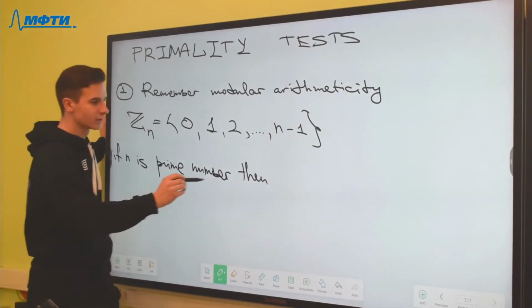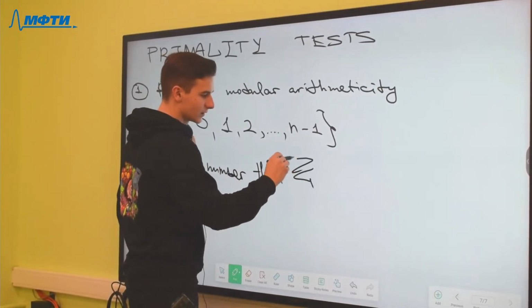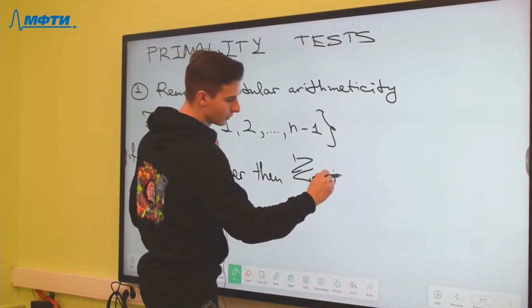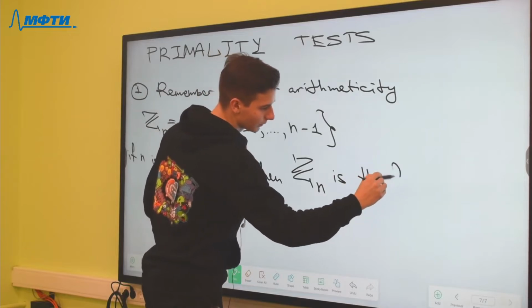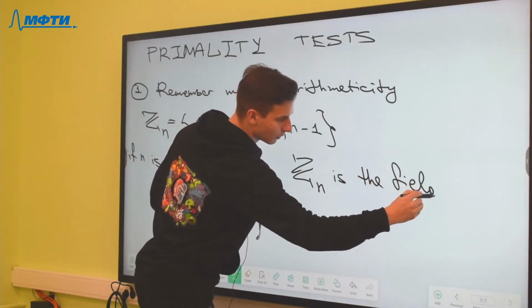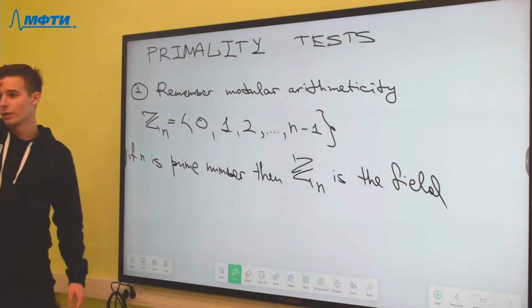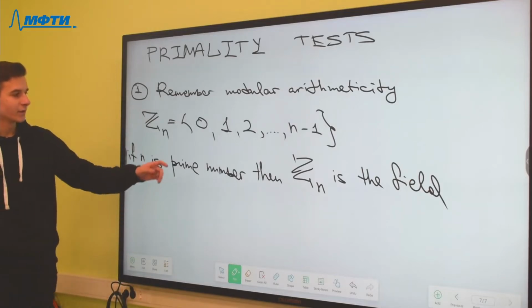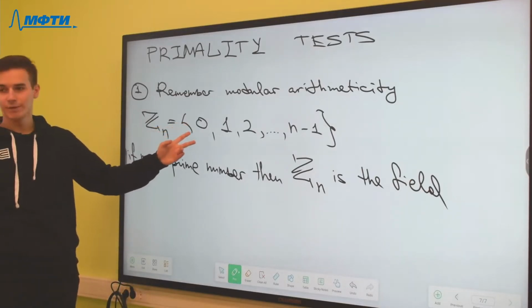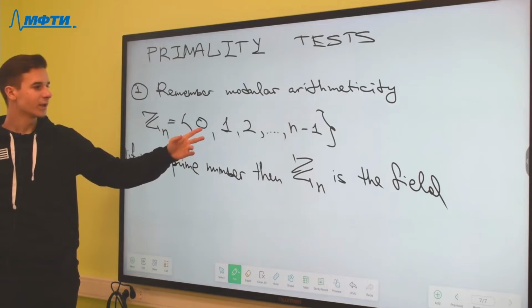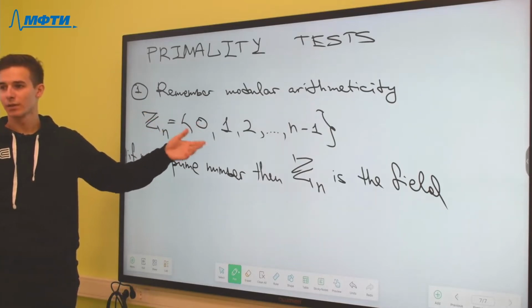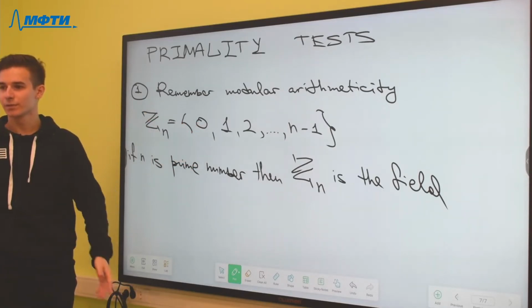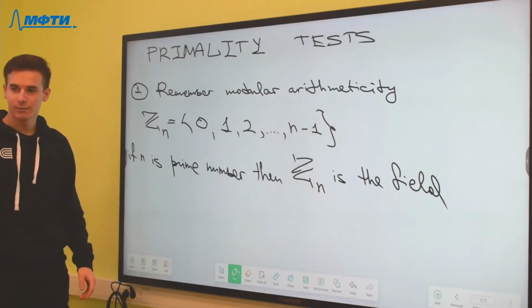And you know that Zn is the field. It means that for every integer a that is not equal to 0, we can find such x that a multiply x equal to 1.